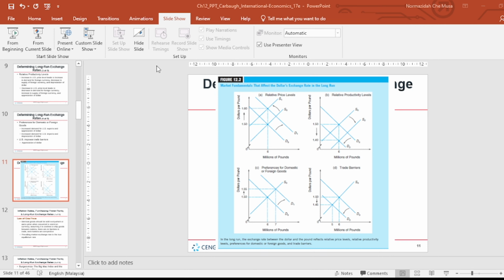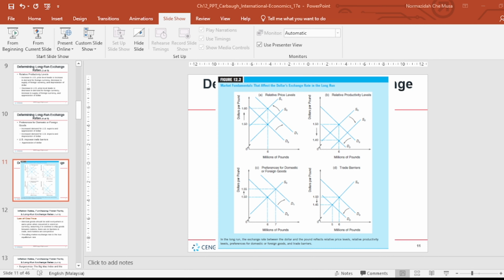This is the dollar per pound exchange rate. At the same time, because goods from the UK are cheaper, and the products from the US are more expensive, the demand for goods from the UK means there is also a supply of pounds from the UK.